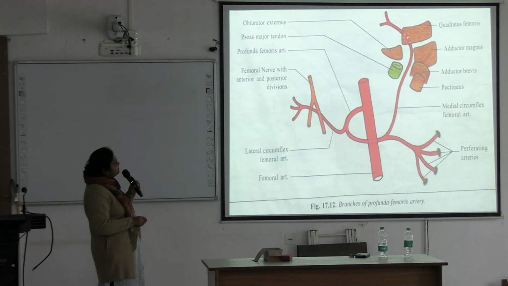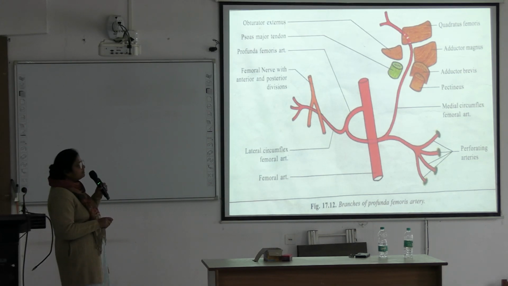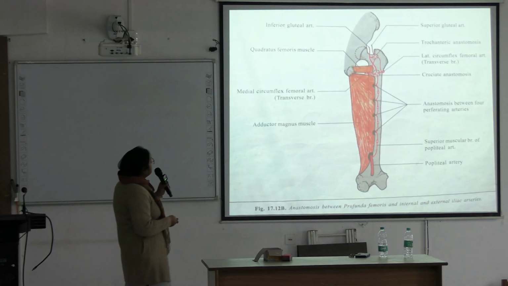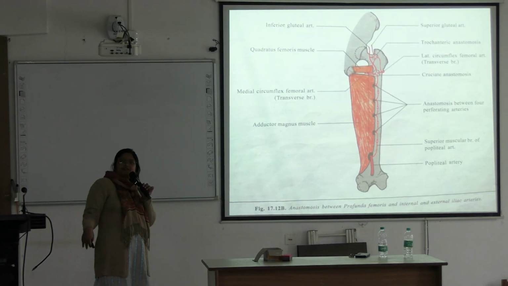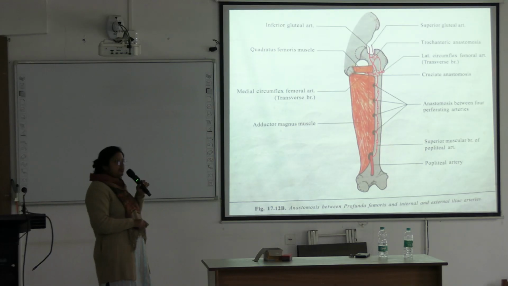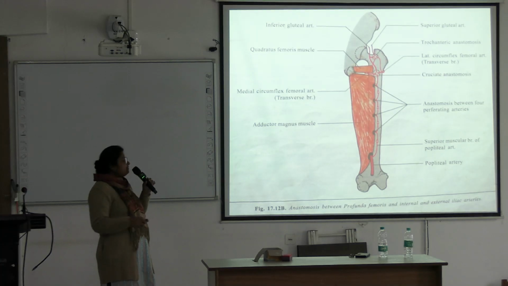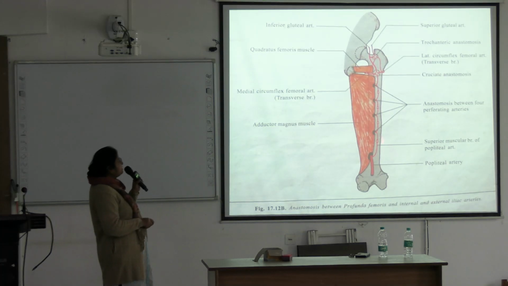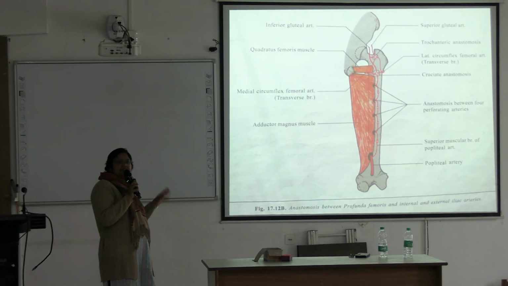The medial circumflex femoral is dividing into two branches, and the lateral is dividing into three branches. Okay, and see here the perforating arteries reaching the back of the thigh after piercing through the adductor magnus. They are again dividing into ascending and descending branches and forming an anastomotic chain. This anastomotic chain you will see in back of thigh dissection.